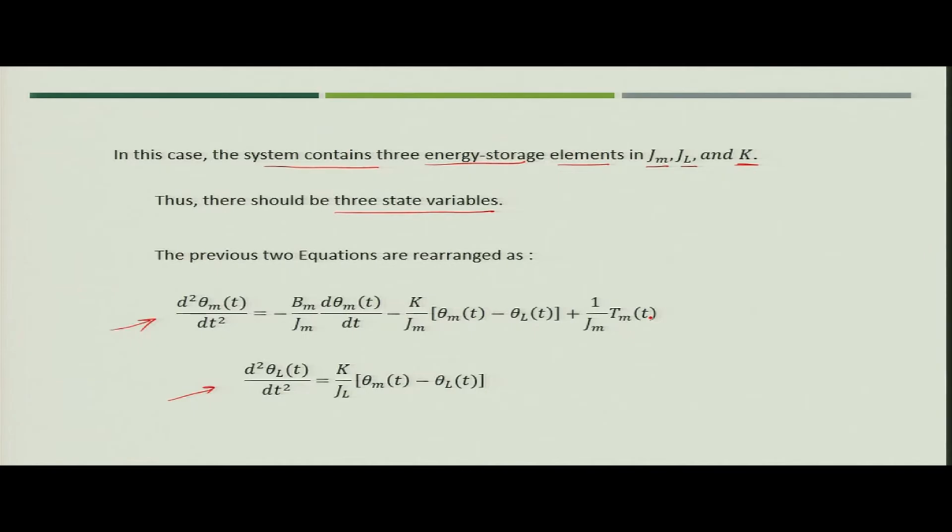That is the first equation we got when we considered the free body diagram from the motor side. Similarly, from the load side we got d2 theta L by dt2 equals K by JL (theta m minus theta L).